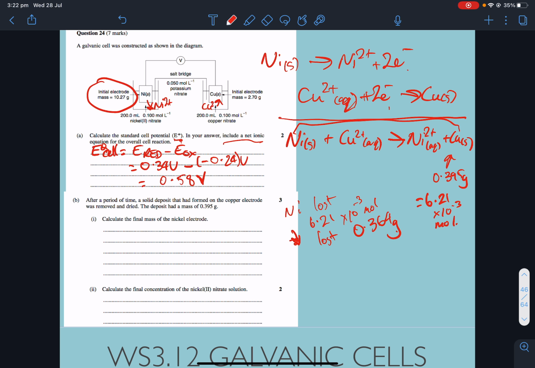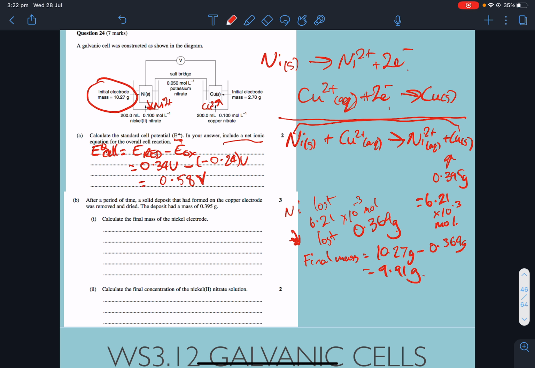So the final mass, 10.27 grams minus 0.364 grams. Two decimal places is 9.91 grams.